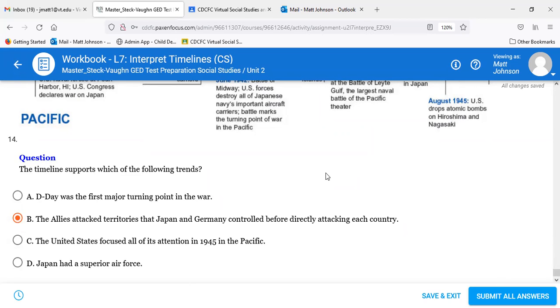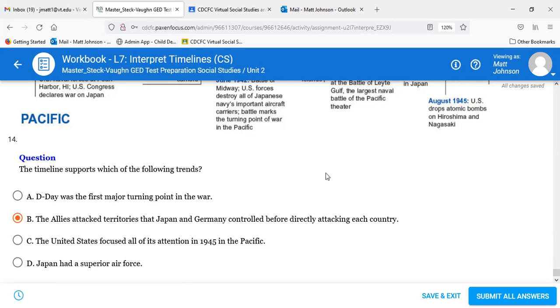So we had to make our way to Germany and Japan before we could actually attack them. You might wonder, it seems like Japan was really more of a threat to the United States, because they attacked us first and everything, but we had such a commitment in Europe. The prevailing thought was we had to help our allies so that they could help us.